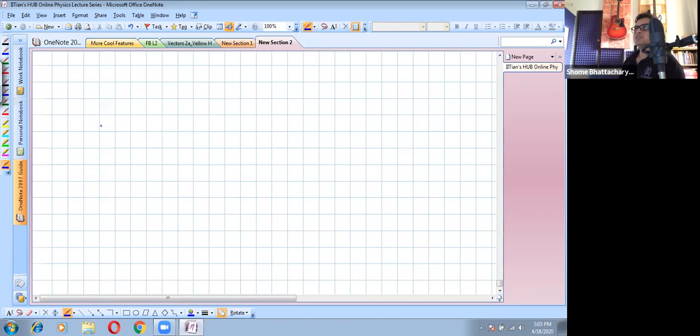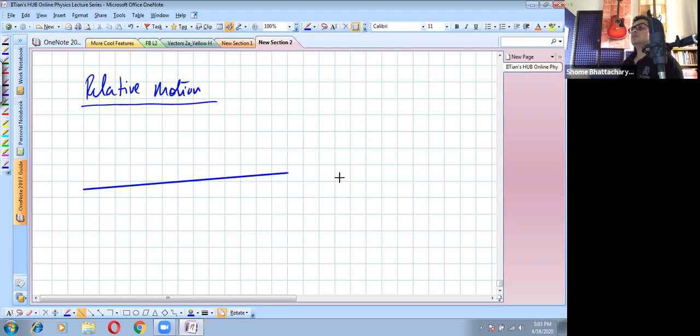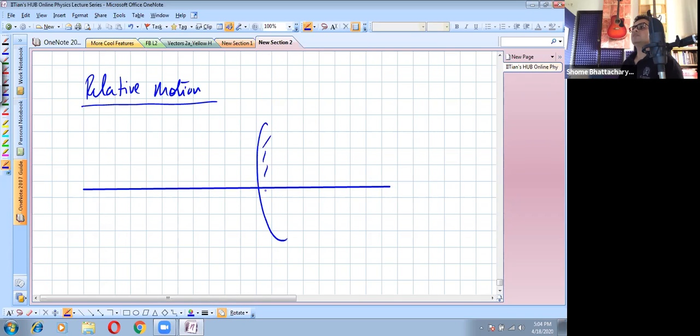Now, a couple of more things about relative motion. In the case of spherical mirrors, we'll see before we move on to this thing. So two types of relative motion we'll see. One is where the motion is happening along the principal axis. Just for reference, I'm drawing this. It could be the other way also. So if I have an object like this, which is moving like this, okay, then in this case, it will give you a virtual image on this side because it's a convex mirror.